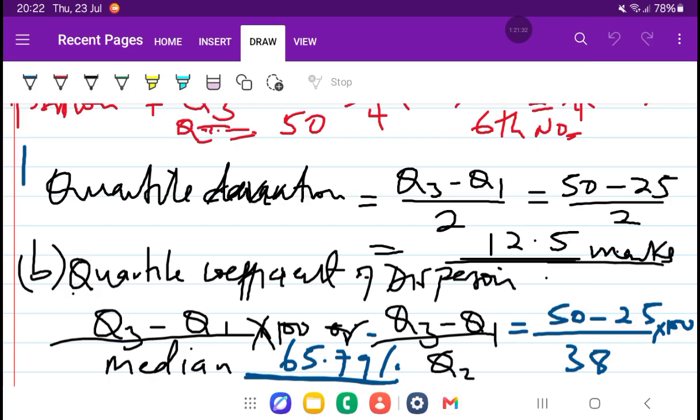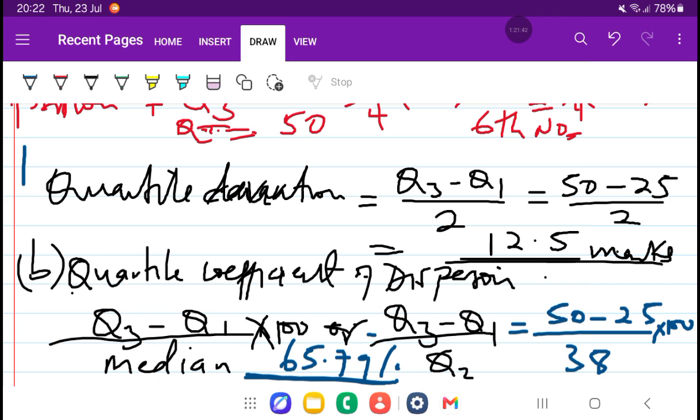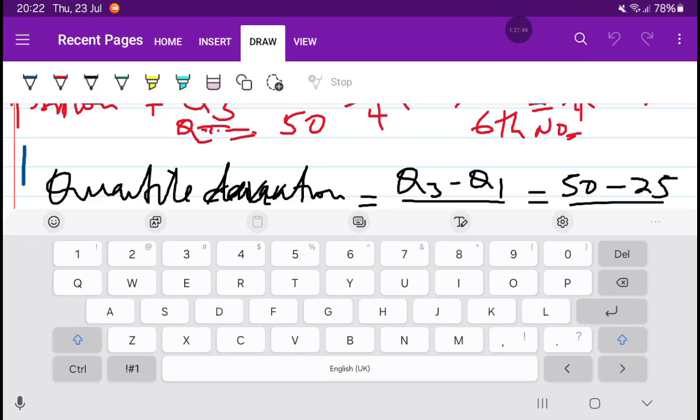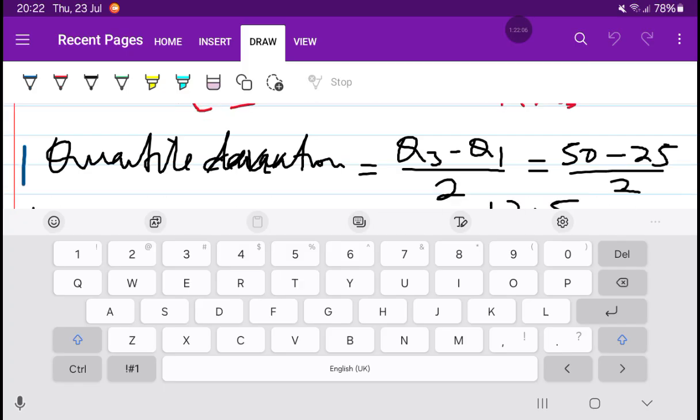Because we got the first quartile, the Q1 has 25. It means that 25% of the students who went for the aptitude test got lower than 25 marks, because our first quartile or the Q1 was 25.